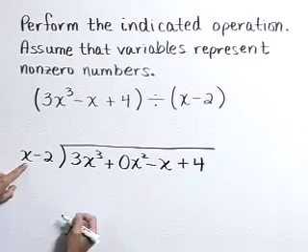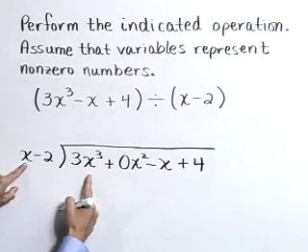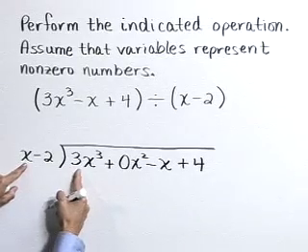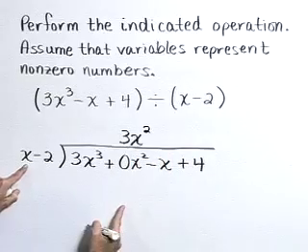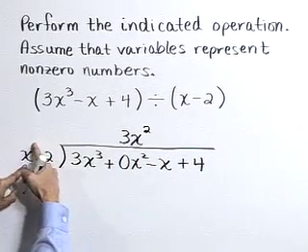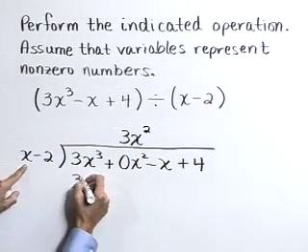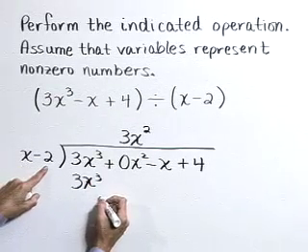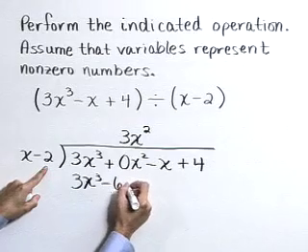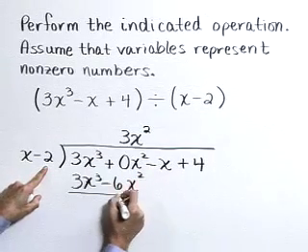This starts with x goes into 3x to the third how many times? Well, it goes in there 3x squared times. Multiplying back, 3x squared times x is 3x to the third. 3x squared times the negative 2 is negative 6x squared.